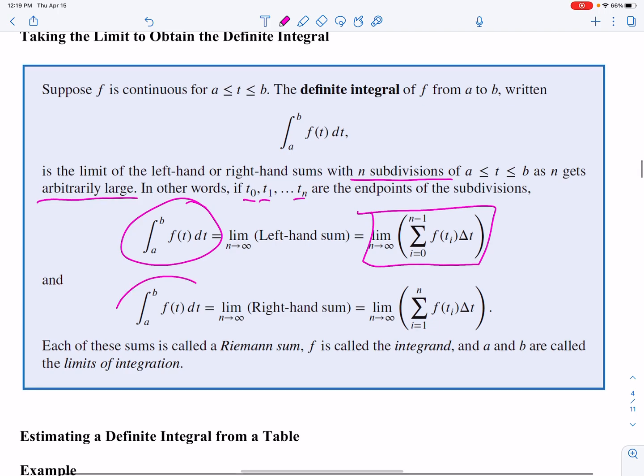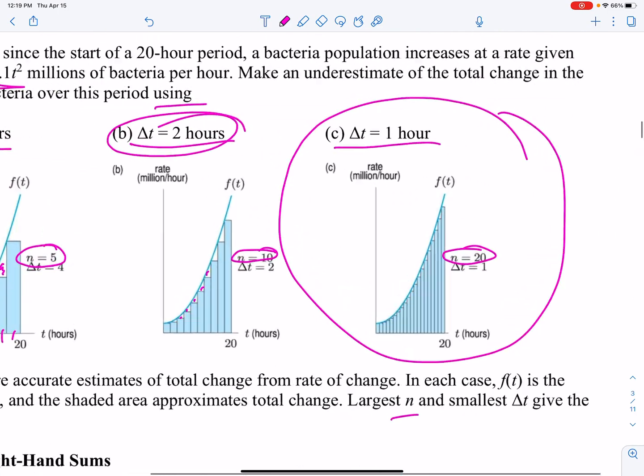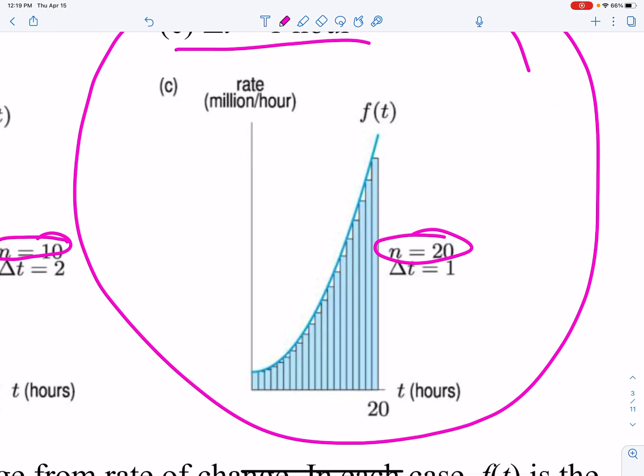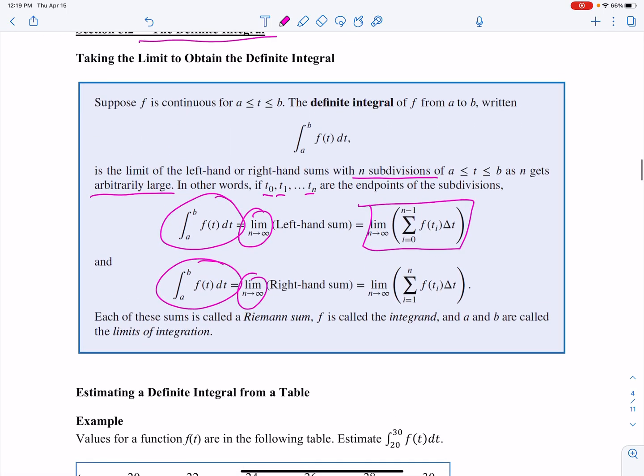Same thing here, the integral from a to b of f of t dt equals the limit as n approaches infinity of the right-hand sum. This limit as n approaches infinity just means we're increasing the number of rectangles, getting close to infinity. That's what that notation means.